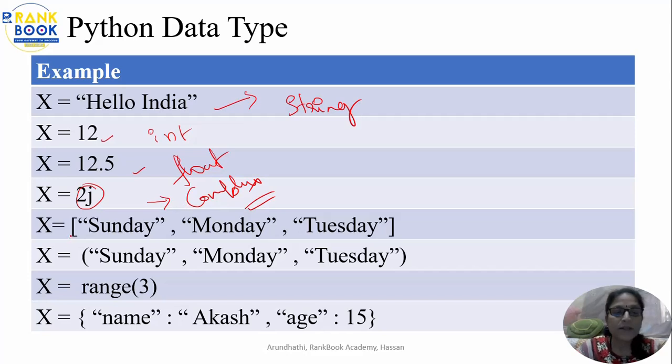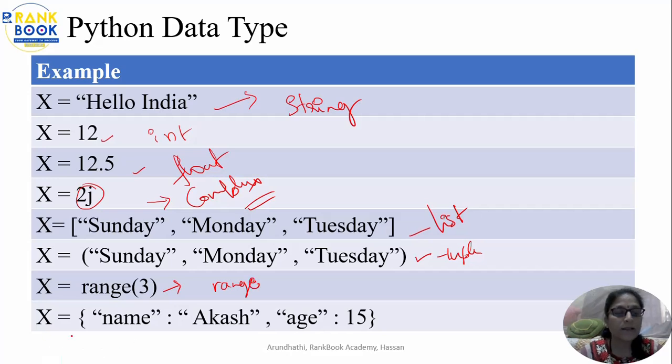Then x is equal to Sunday, Monday, Tuesday, which are strings along with the square brackets that represent the list. And then in the next example, we can observe the days are inside the parentheses, which are nothing but tuple, and range 3, which is the representation of range.